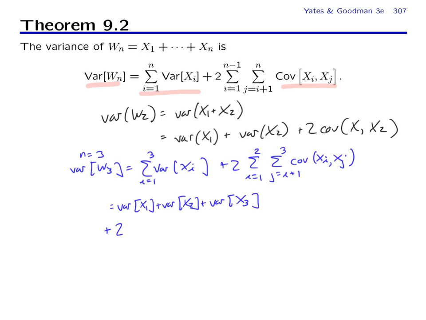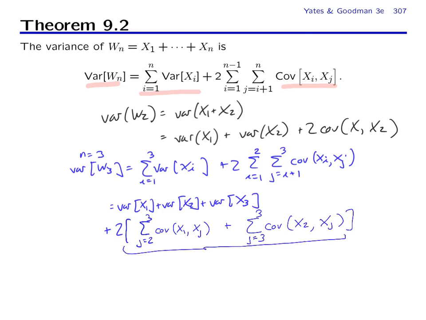If you're unfamiliar with these double summations, you first think about the sums for i equals 1, and for those you have j equals 2 to 3, covariance X1 Xj, and then you think about i equals 2, and when i equals 2, j goes from 2 plus 1, which is 3, to 3, covariance X2 Xj, and then you see that this becomes covariance X1 X2 plus covariance X1 X3 plus covariance X2 X3.